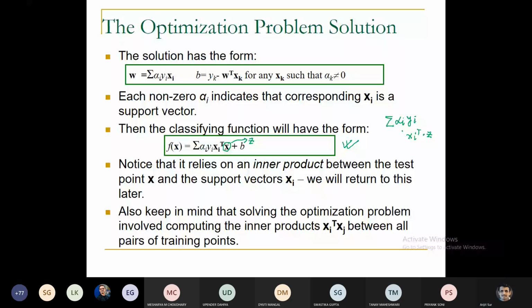We have to notice that it is the inner product between the test point and the support vectors x_i. Also keep in mind that solving the optimization problem involves computing the inner products between all pairs of training points, but the classification only involves the support vectors.